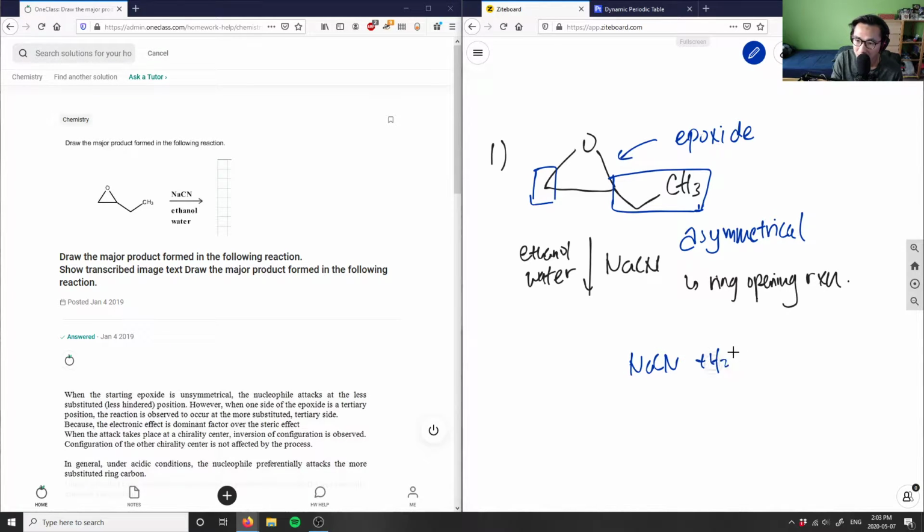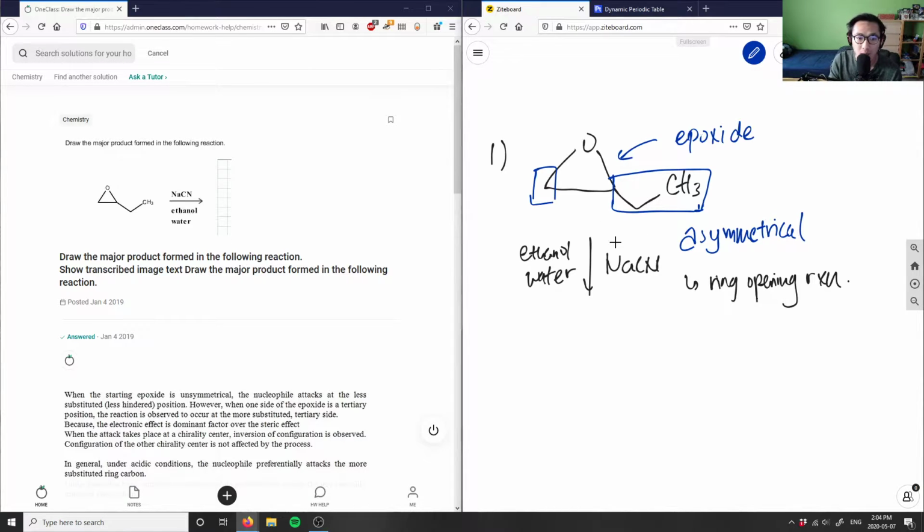I can add it with H2O, and this would be in equilibrium with the sodium ion and HCN, plus, obviously, hydroxide. HCN is a very weak acid, and its conjugate base, cyanide, is a strong base. So this makes it a basic condition.